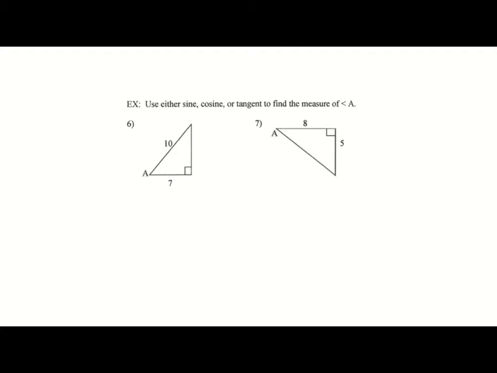Our last two examples here say to use either sine, cosine, or tangent to find the measure of angle A. So A is right here. I know that I have my hypotenuse is 10, it's my longest side, and 7 is the adjacent side.